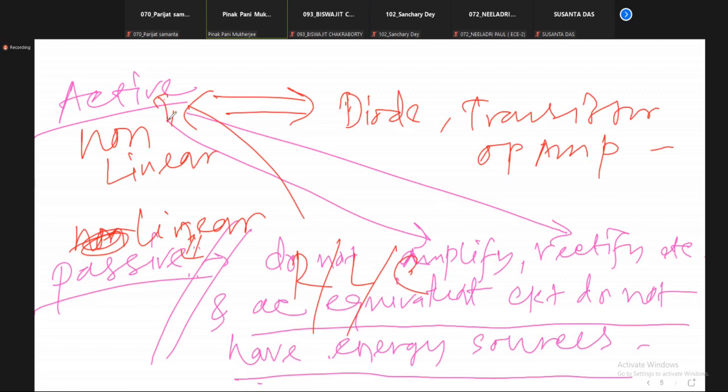Examples of passive circuit elements are R, L and C, and examples of active circuit elements are diode, transistor, op amp. So anyone having any question? No, sir. No, sir.